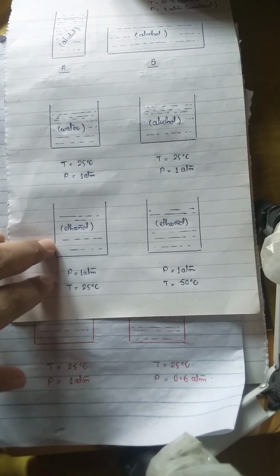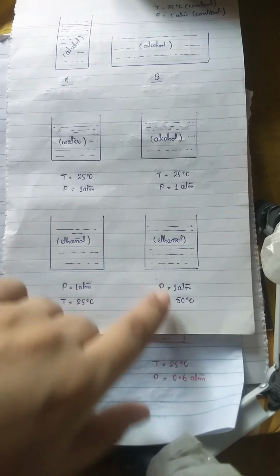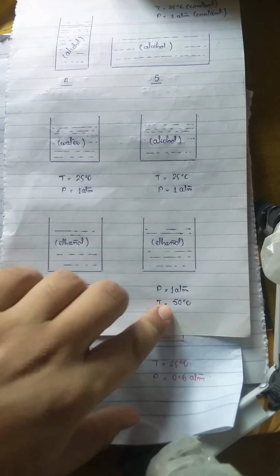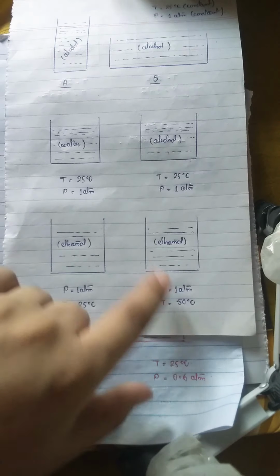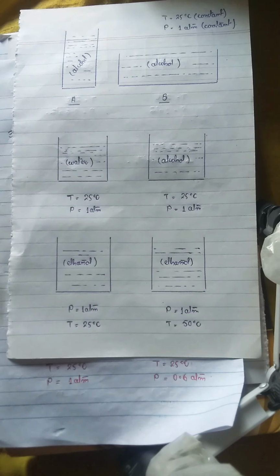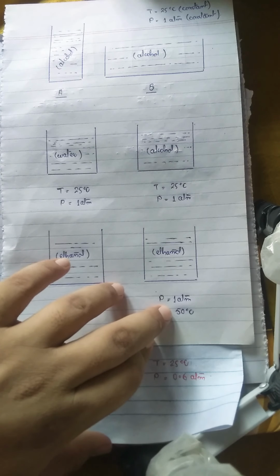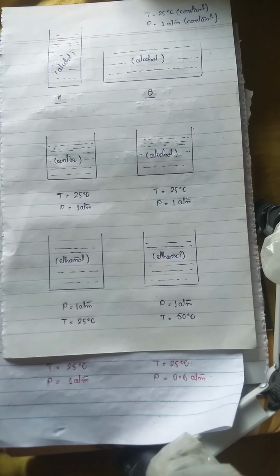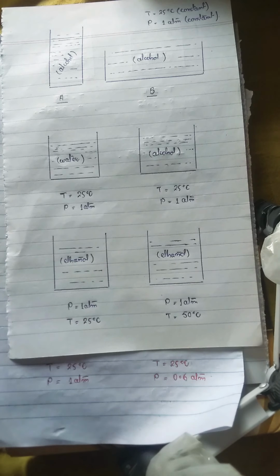In container A the temperature of the ethanol is 25 degrees, whereas in container B the temperature of the ethanol is 50 degrees centigrade. The liquid in container B at 50 degrees centigrade shows a faster rate of evaporation as compared to the ethanol in container A. Although both liquids are the same in nature, due to the difference of temperature their rate of evaporation will be different.